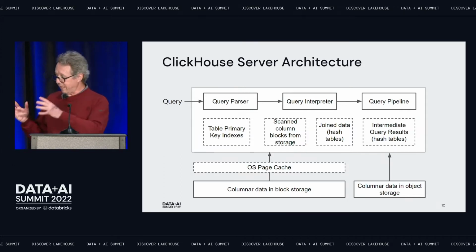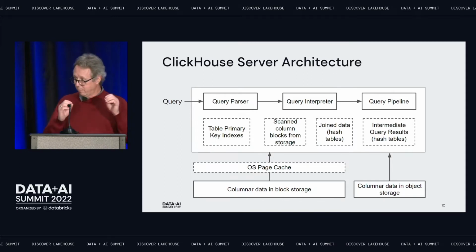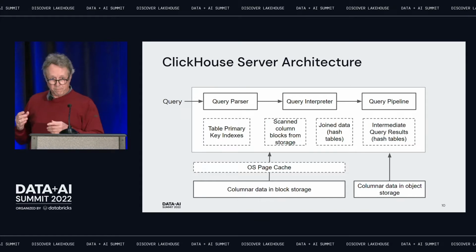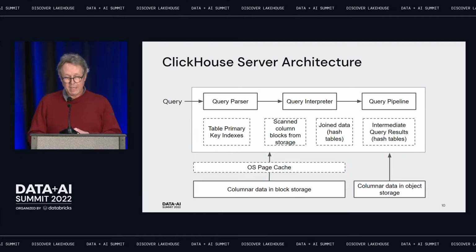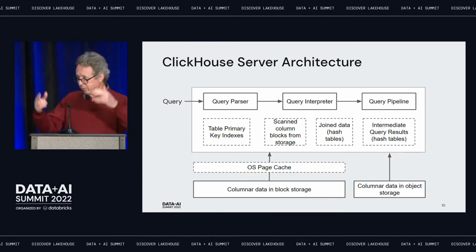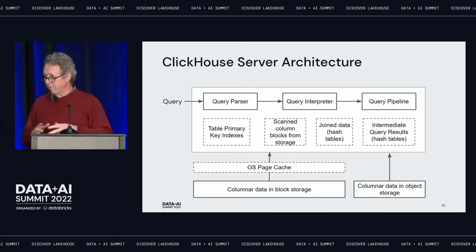Of course, as we scan the blocks off storage, those are going to appear in memory as we're processing them, but we get rid of them as quickly as possible. When we're joining tables, by default, the join tables, like the right sides of the join, will get pulled into in-memory hash tables, and we'll do a hash join on them. And then, of course, as we're processing a query and jamming through these enormous tables, we're going to be piling up results in memory, again, in hash tables.